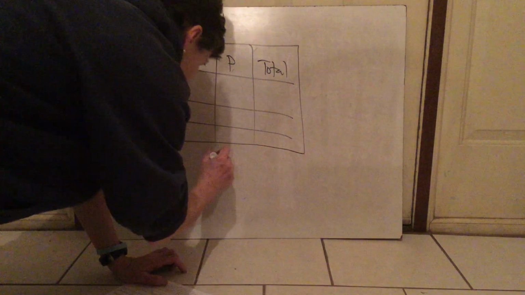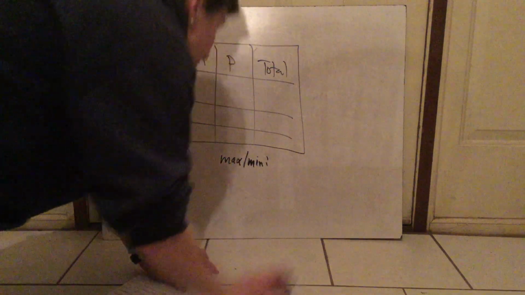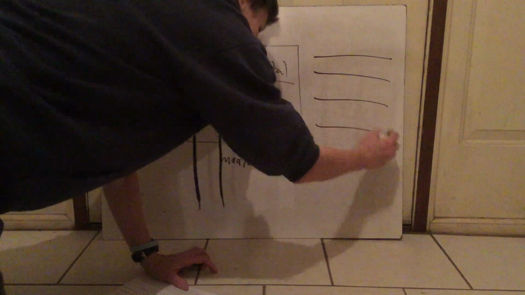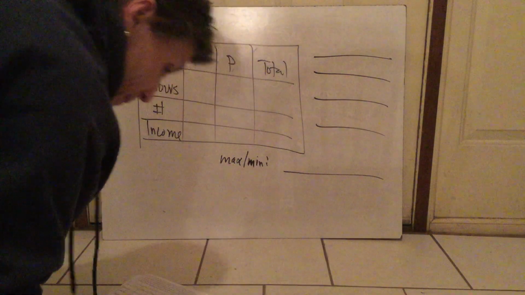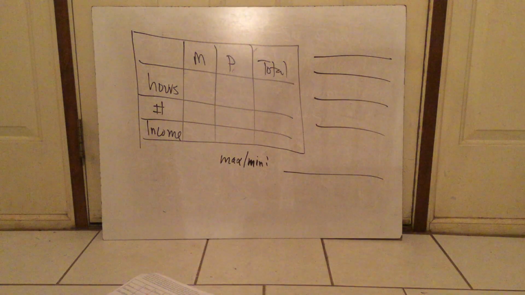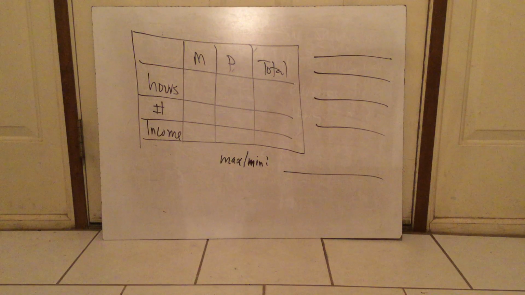And then we want to max or minimize something. And we got our constraints over here. All right. So here we go. Let's read the problem. Now let's see how much of this chart you can fill in without my help. That would be awesome. Let's see how much you can do.